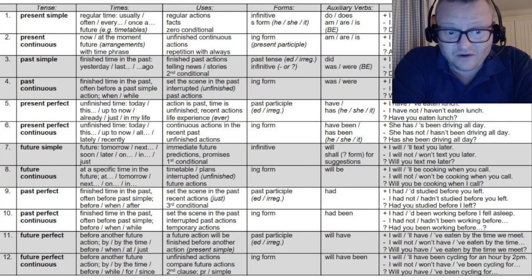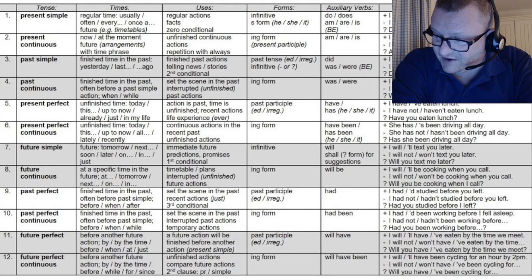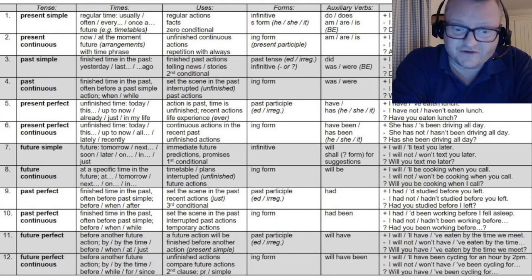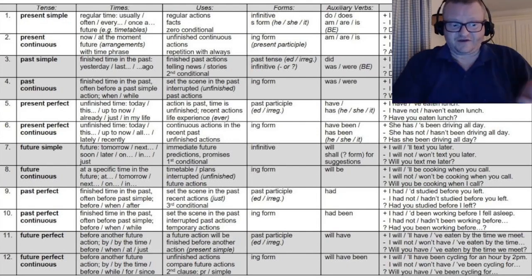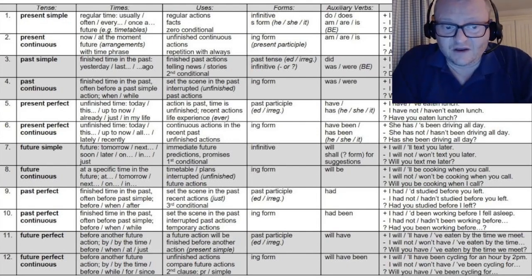Well, I know, because I studied them so that I could tell my students about them. Native speakers don't know anything about tenses unless we study them. But we can speak English with all these tenses, and we use all of them. We use them naturally because we learned that from our parents. Usually from our parents, right?